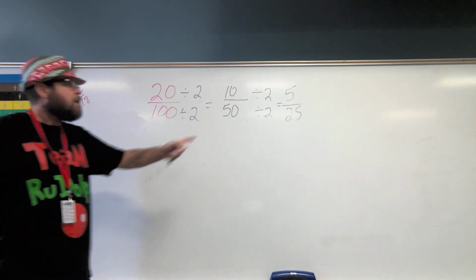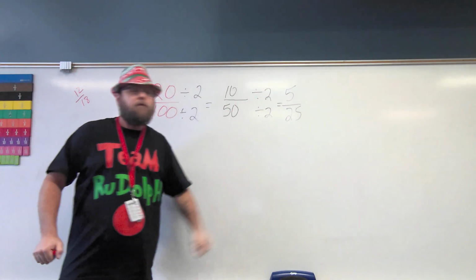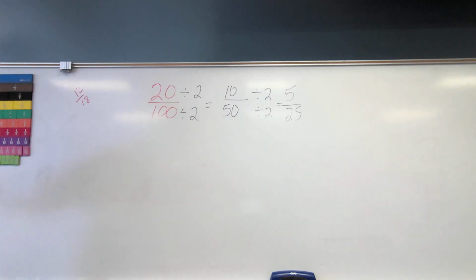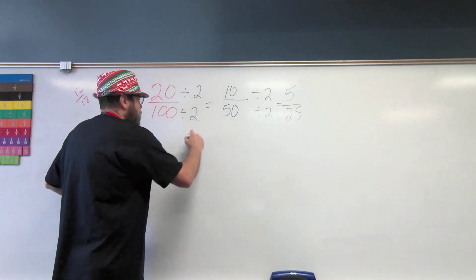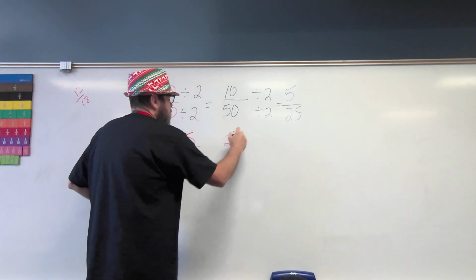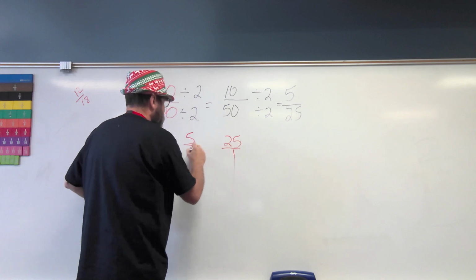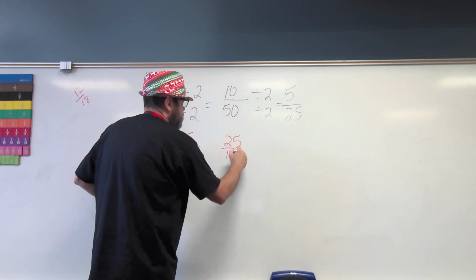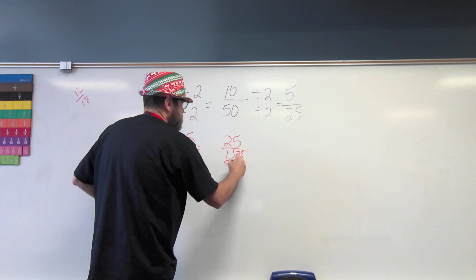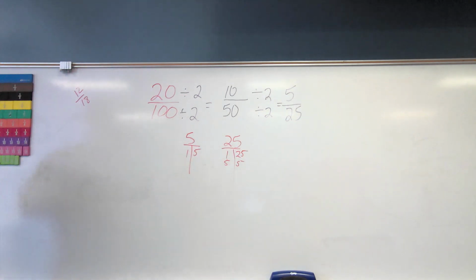Good job. Can you think of anything that can divide evenly into both 5 and 25? Good question. You're not sure. Let's find all the factors of 5 and 25 and find in our list the biggest one they have in common, Jaden. 5.